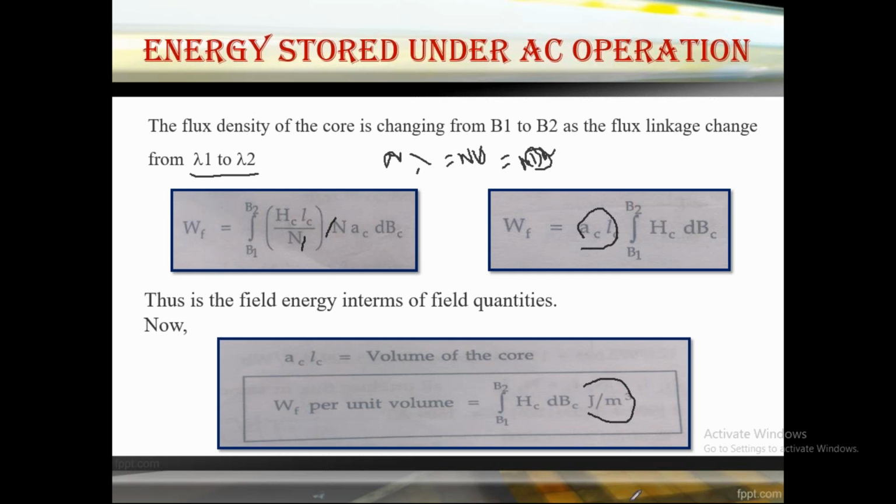Here I am mentioning J divided by M cubed. Why did M cubed come? Because volume is always represented in cube terms. You know area is square, and volume is denoted in cube terms. Here it is the volume of the conductor per unit, so per unit means divided by comes, and so M cubed comes. So M cubed depends on the volume of the core. So this is the energy stored in the magnetic field. Now omega f per unit volume is given by the integral from B1 to B2 of HC dB.